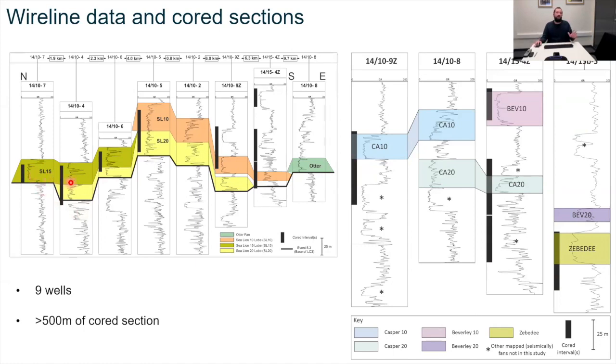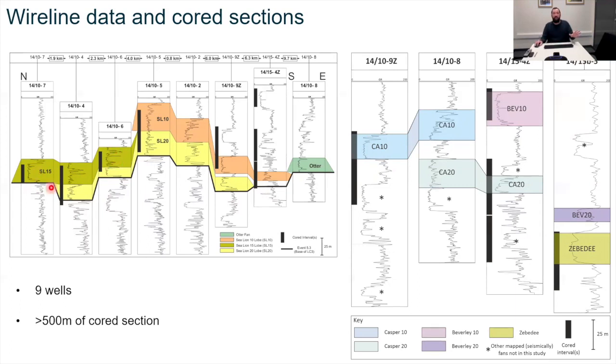So the left image shows wireline log data that's been correlated for the sea line fan, and the black panels are where we've got core. So you can see that we do have representative core from different parts of the fan system that have been correlated. We've got a good control of where those cores are from, and therefore we can start to think about the fan systems in detail in terms of variability and sedimentology.